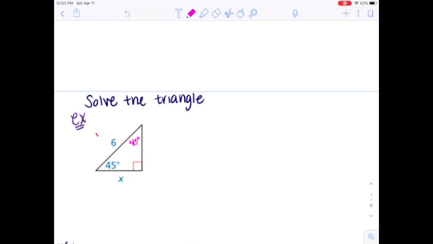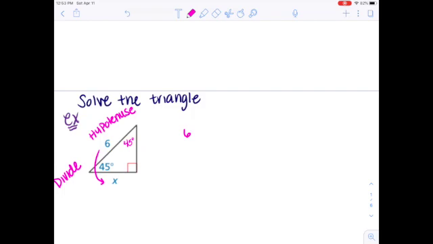So right here we have our hypotenuse of 6. We're going to divide to get our leg. You divide by that ratio of root 2, and that equals x.